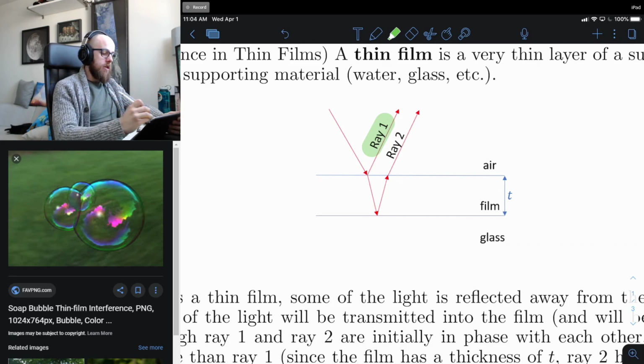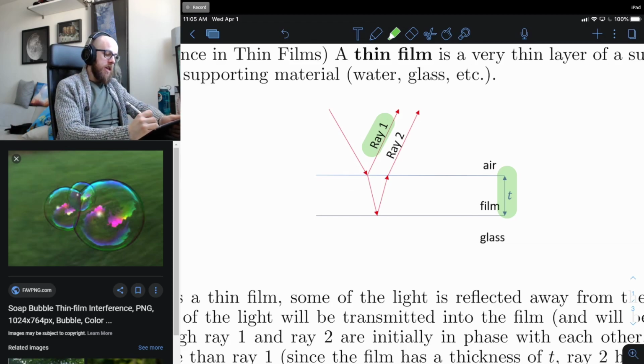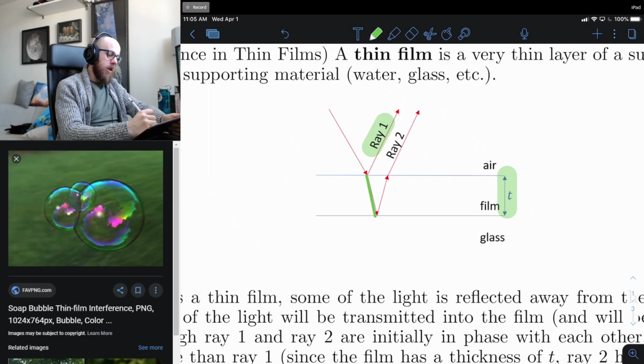The ray that gets refracted inside the film material has to travel a certain distance t into the material, and then it hits a bottom layer. Again the same kind of thing happens. It hits the bottom layer, the ray gets reflected, and then it passes back through the film. So essentially the ray that enters the material has to travel a distance of 2t.